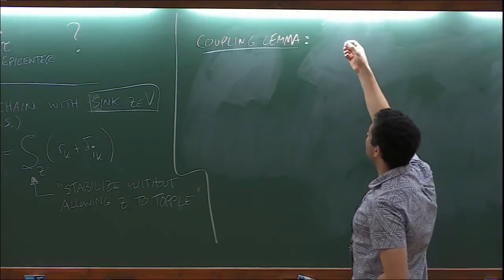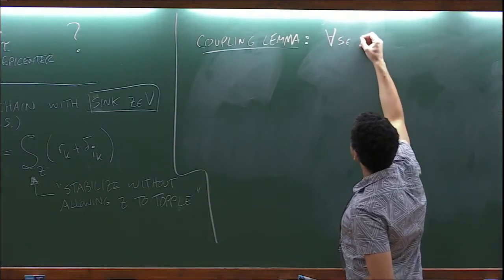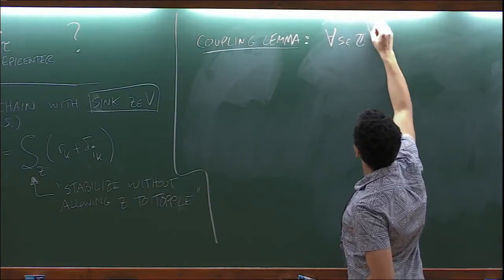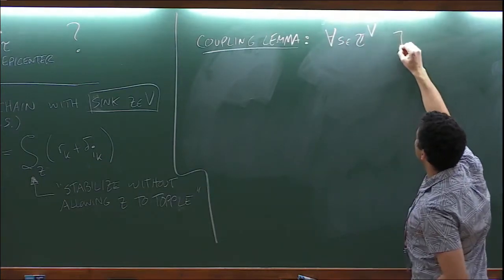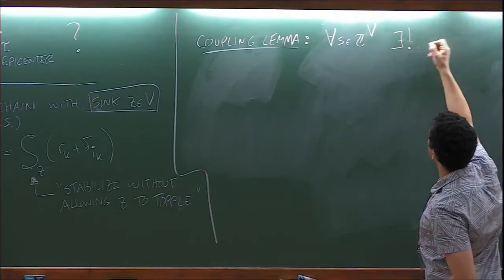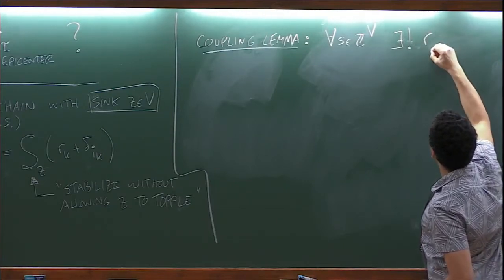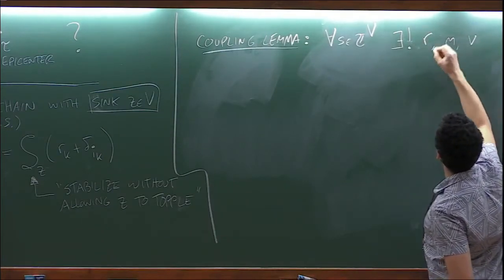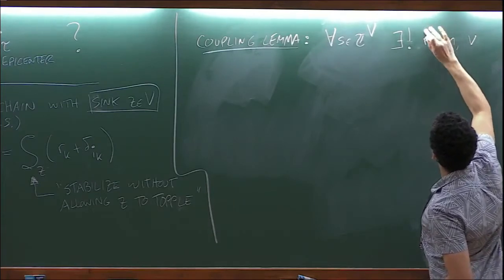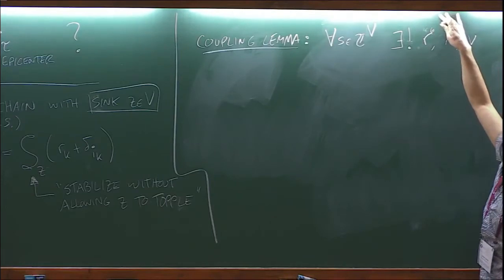Okay, and it says the following: for any sandpile, you can decompose it into three pieces. There's a unique triple R, M, and V. So R is, can you see at the very top here? Okay.